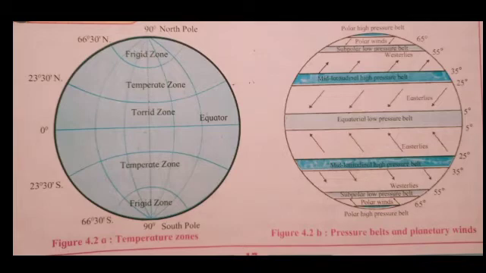Students, observe these images and I'll ask some questions. First question, which pressure belt is mainly found in the tropics? Equatorial low pressure belt is mainly found in the tropics. Second question, with which pressure belt are the polar winds associated?